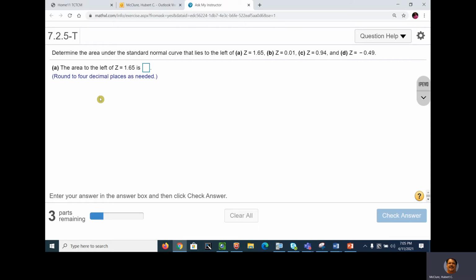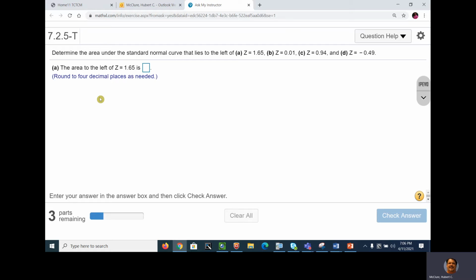And this is going to be left of 0.94 and left of negative 0.49. 0, 1, 2, 3, negative 1, negative 2, negative 3.